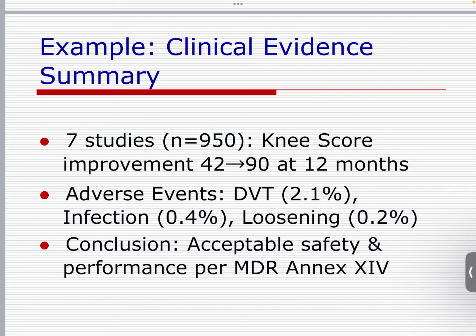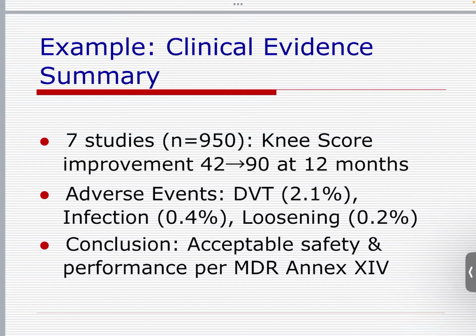They used some device. Adverse events: DVT 2.5%, infection 0.4%, loosening 0.2%. So this is the data that they collected from different sources. The conclusion: what are they saying? Acceptable safety and performance as per MDR.